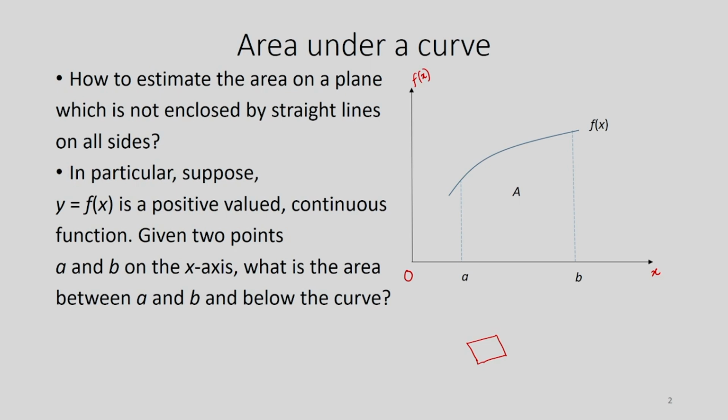But if you do not have straight lines on all sides, then it becomes a little bit difficult how to estimate the area enclosed by those lines. And there are practical implications of finding the area which is enclosed by lines, maybe straight, maybe non-straight. Think about surveying the land.